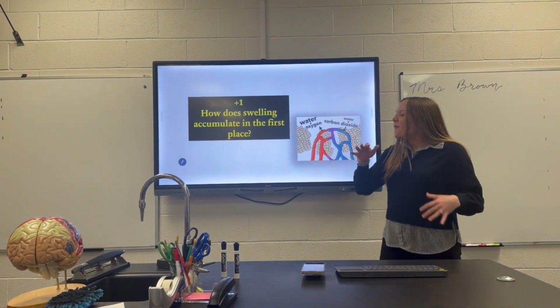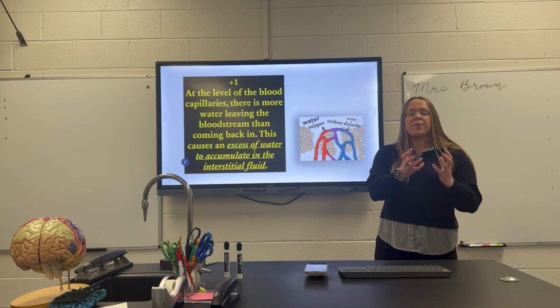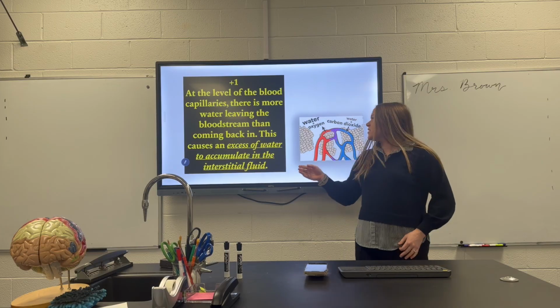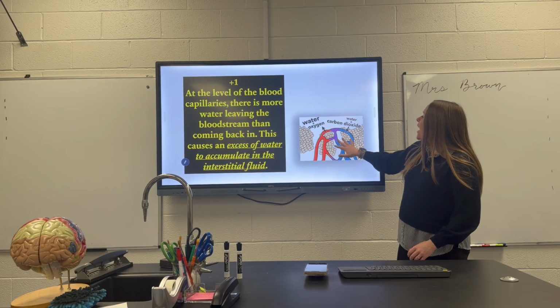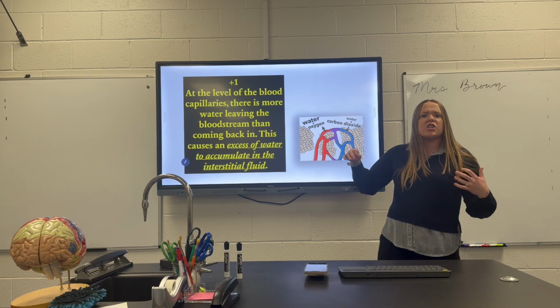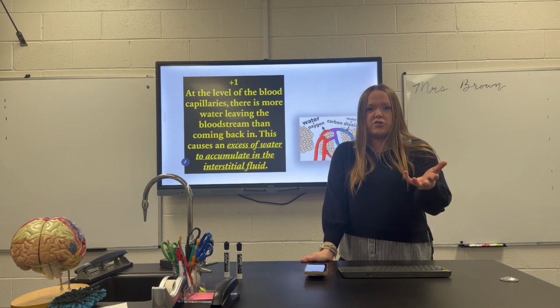Okay, so we talked about what Landon was saying, there's hydrostatic pressure and oncotic pressure. We didn't go into each of those pressure systems. But essentially, at the level of our blood capillaries, there's water and oxygen and different types of molecules leaving the blood and entering the interstitial space.